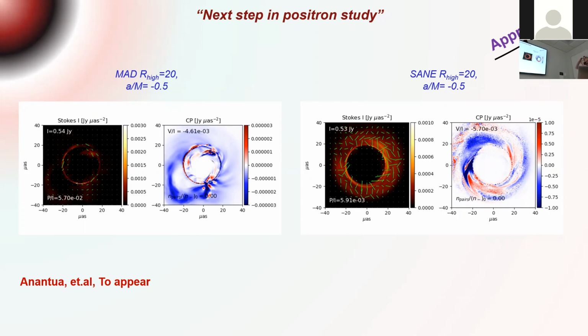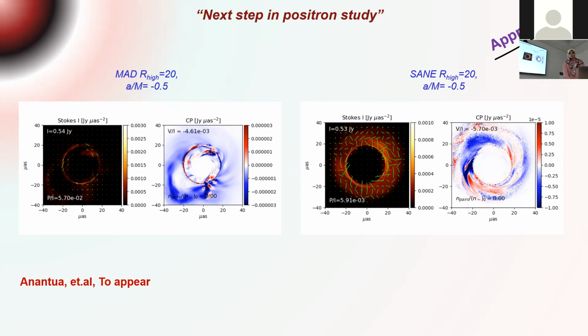And I will go back to it in a moment, into the second topic that I will describe momentarily. But for the SANE simulations, you see that EVPAs are very much rotating. So that's the thing that one needs to consider when you consider, for example, circular polarization.